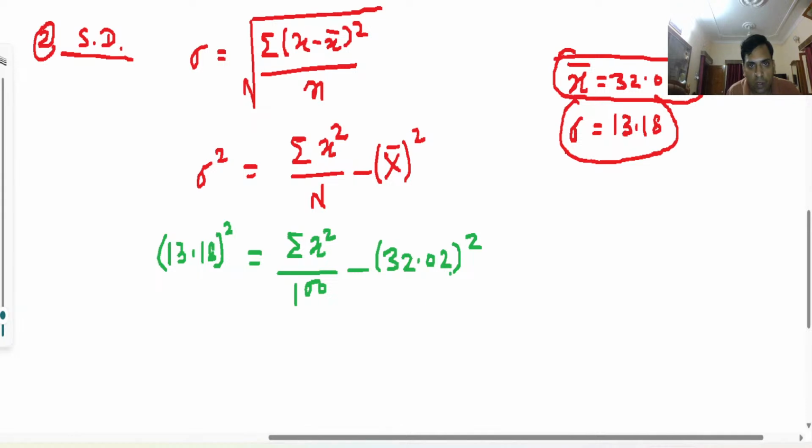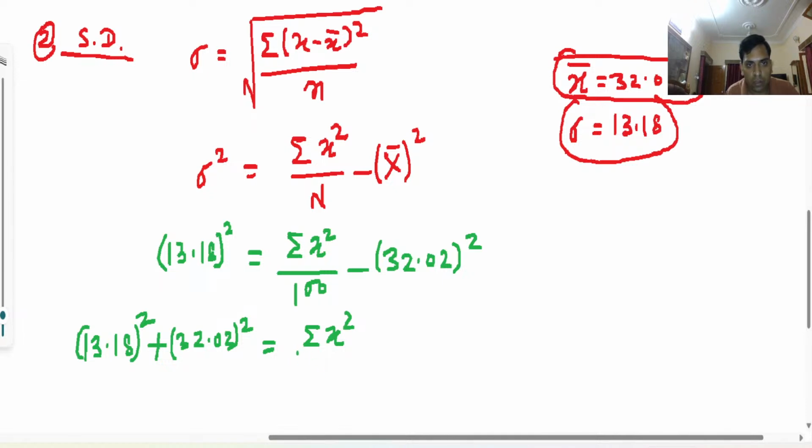So we can write this quantity this side. So this becomes positive and we will multiply this 100 with this quantity. So you can write this expression as 13.18 square, and we can shift this negative quantity this side, so this become plus 32.02 square, and this is summation x square divided by 100.